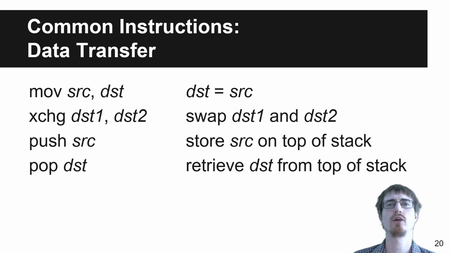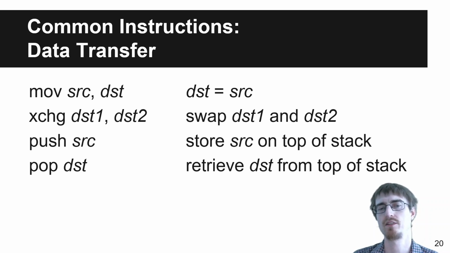Now let me quickly go through a number of mnemonics that you can use to do common instructions. So far I've mostly assumed that you just understand what the mnemonic means, because in most cases it's actually fairly obvious. But let's go through these so that you have some idea of what is out there. First one, move source, destination.